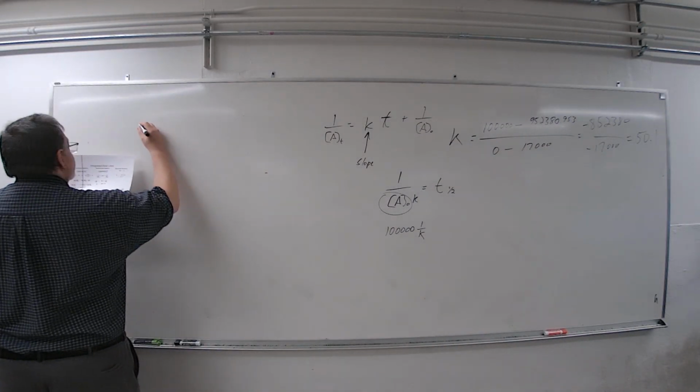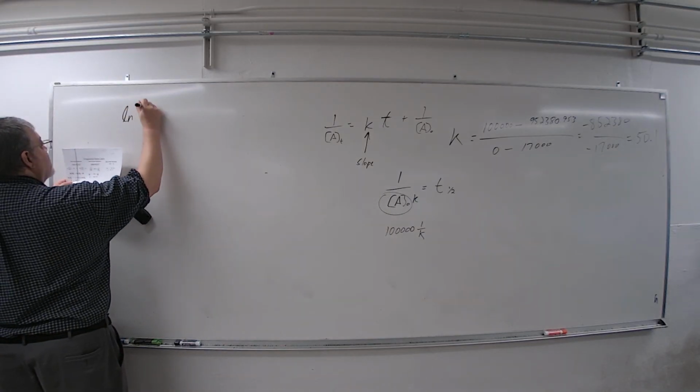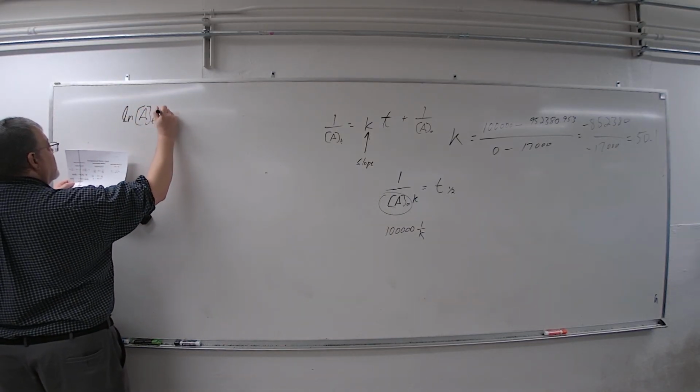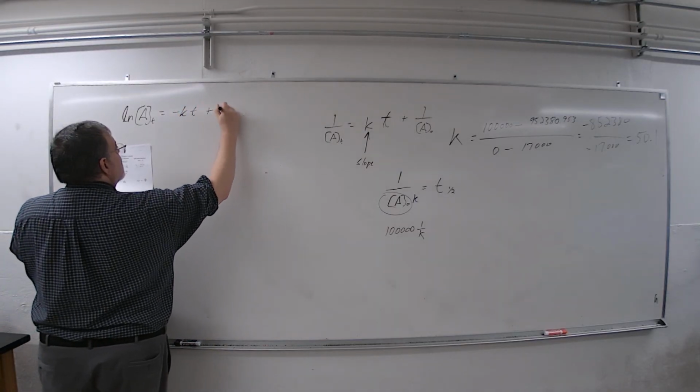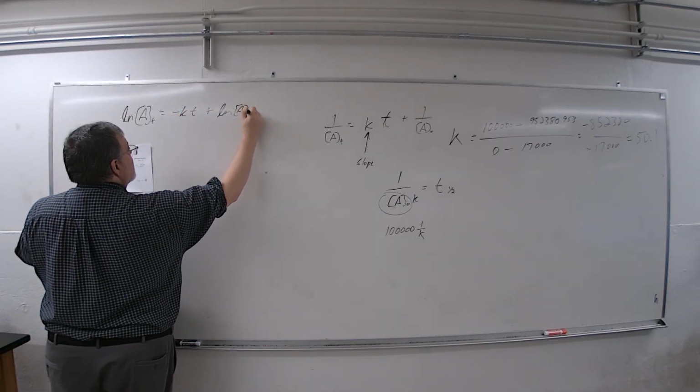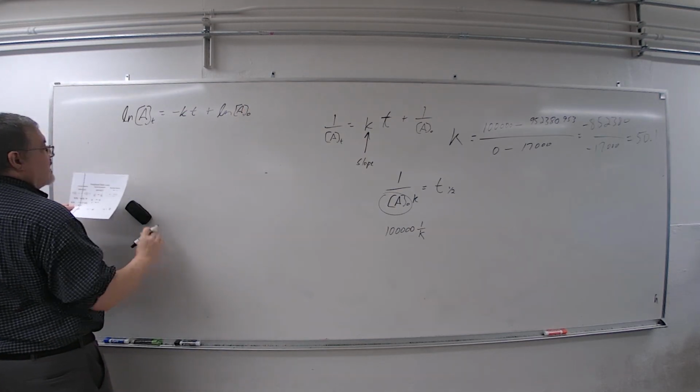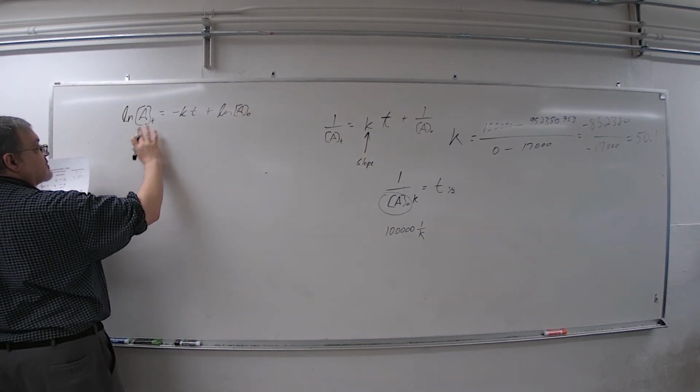You're looking at the y equals mx plus b again. Negative kt. And I think you're making your life hard if you're trying to use this.